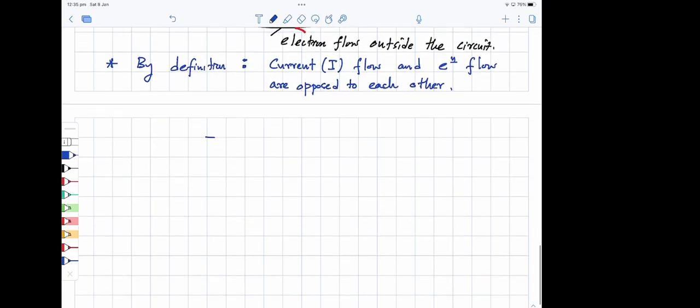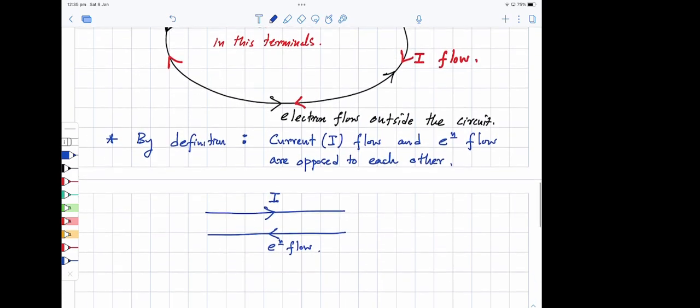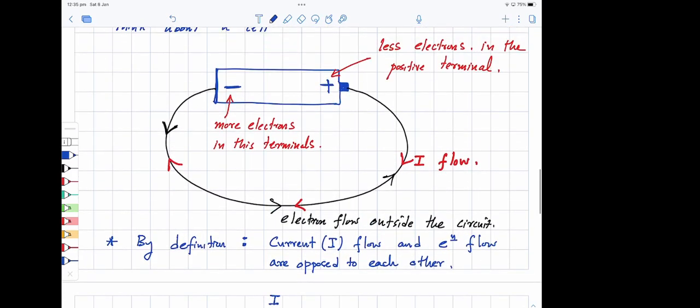So if the current flow is this, on the same wire, electron flow is this way. Right?